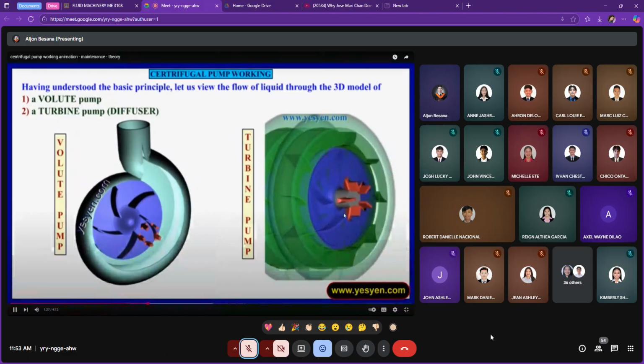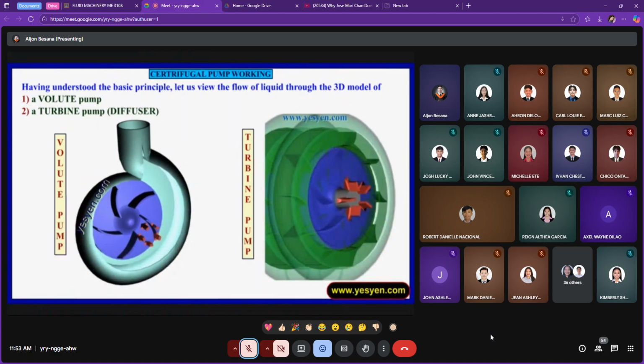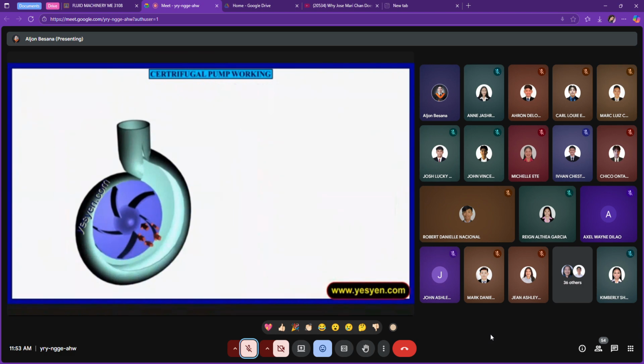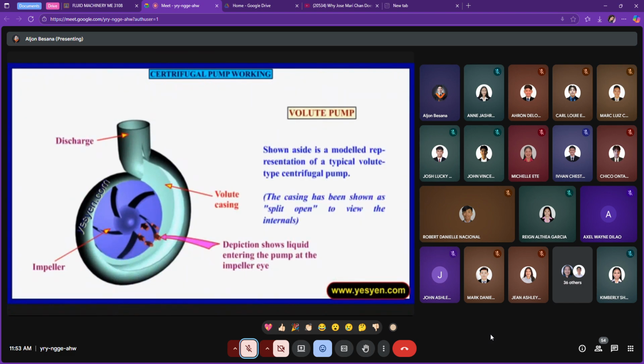Having understood the basic principle, let us view the flow of liquid through the 3D model of 1. A volute pump, 2. A turbine pump. Volute pump. Shown aside is a model representation of a typical volute-type centrifugal pump.